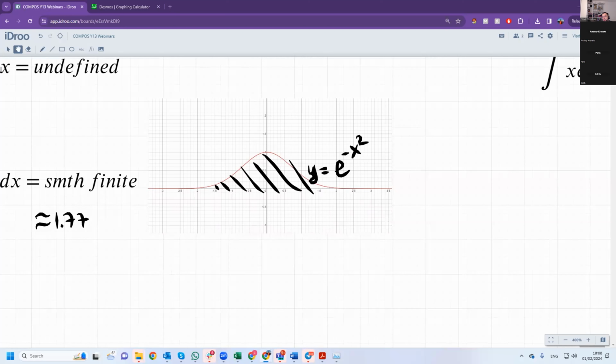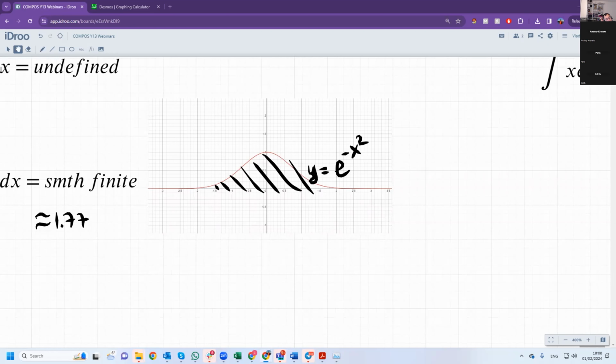You can use the trapezium rule here, though the calculator doesn't use the trapezium rule. It uses some more complicated rules. I don't know exactly which one, but there are various rules allowing you to find the area under a curve. But even if you use the trapezium rule with, I don't know, 1,000 strips, you will get the same answer.